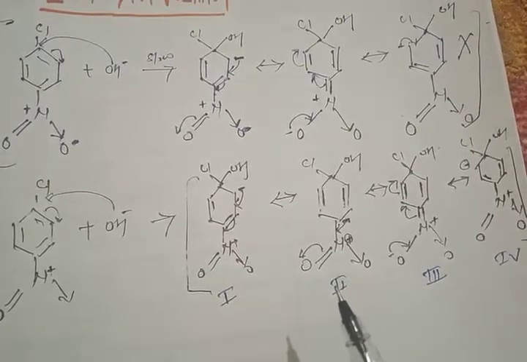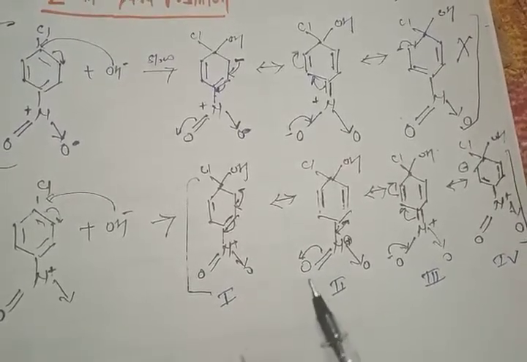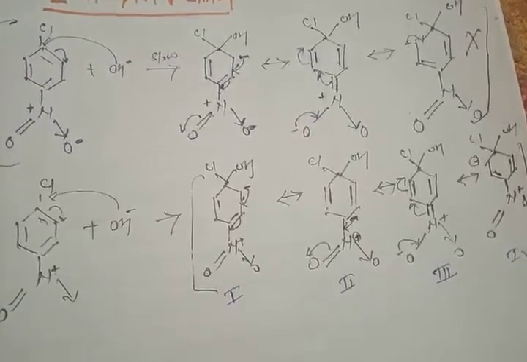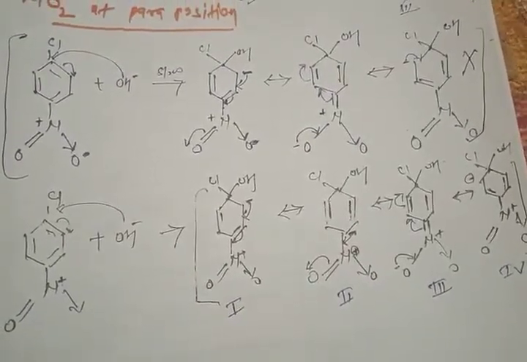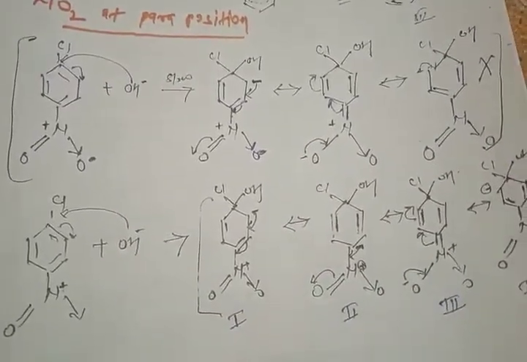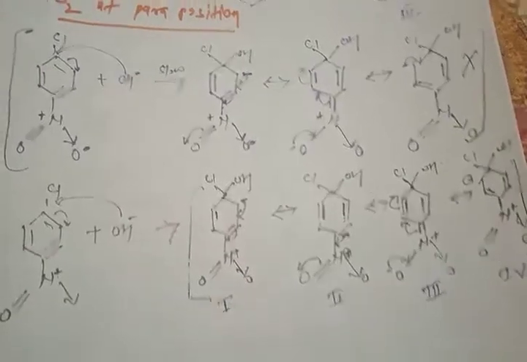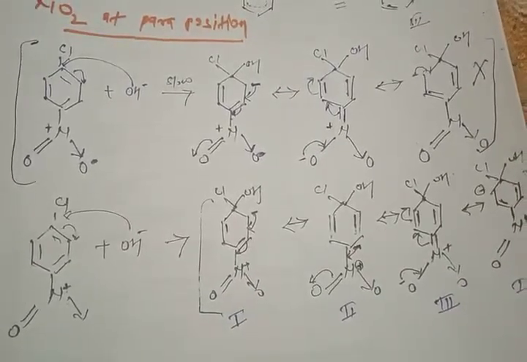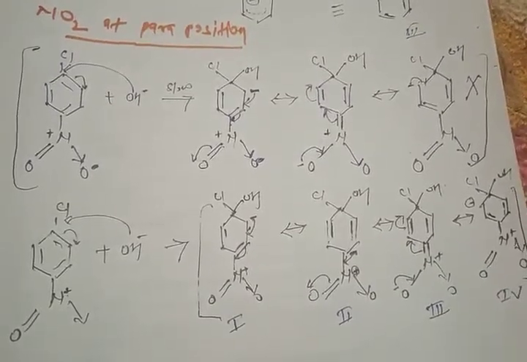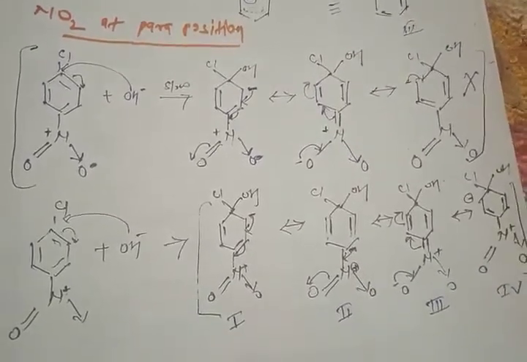And as we have four resonating structures, it will enhance the reactivity, and the higher the number of resonating structures, the higher the stability. That is why the presence of an NO2 group always enhances the reactivity of chlorobenzene.